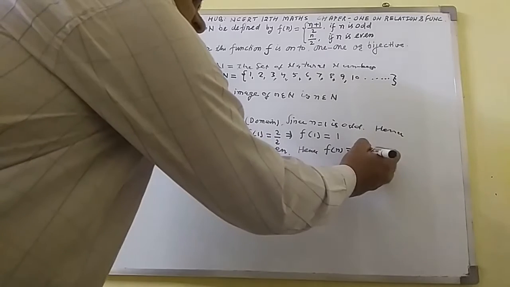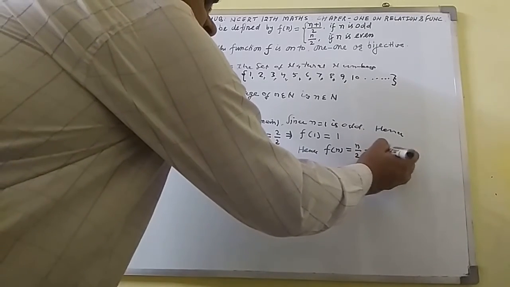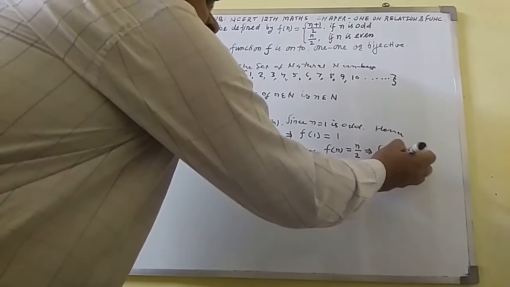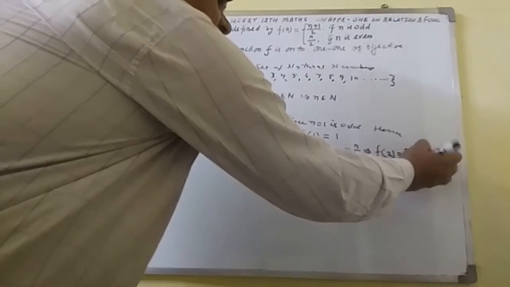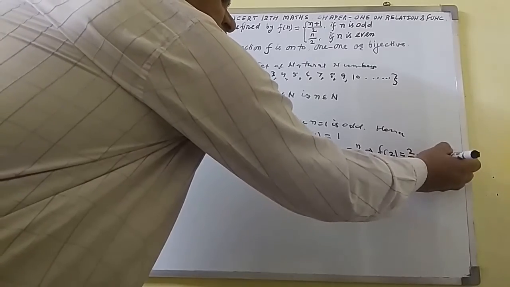Put the value of n equal to 2: f(2) = 2/2. So you will get f(2) = 1.